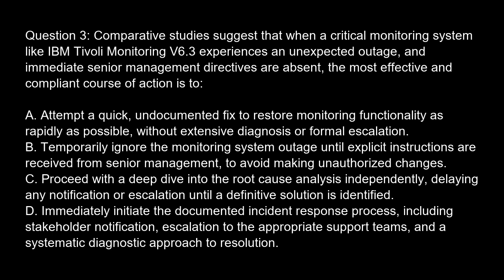Option B. Temporarily ignore the monitoring system outage until explicit instructions are received from senior management to avoid making unauthorized changes. Option C. Proceed with a deep dive into the root cause analysis independently, delaying any notification or escalation until a definitive solution is identified. Option D. Immediately initiate the documented incident response process, including stakeholder notification, escalation to the appropriate support teams, and a systematic diagnostic approach to resolution.